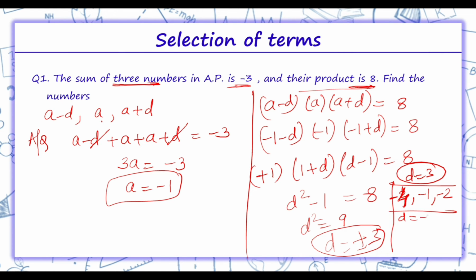But when d is minus 3, we will get minus 1 plus 3, which will be 2, again minus 1, then minus 4. So these are the numbers which are in AP. 3 numbers, minus 4, minus 1, 2, and 2, minus 1, minus 4, whose sum is minus 3 and whose product will be 8.